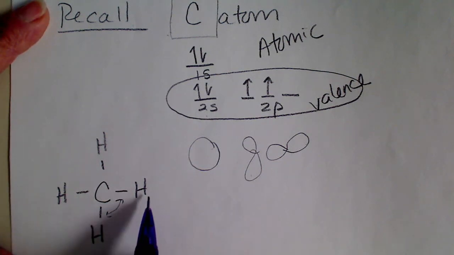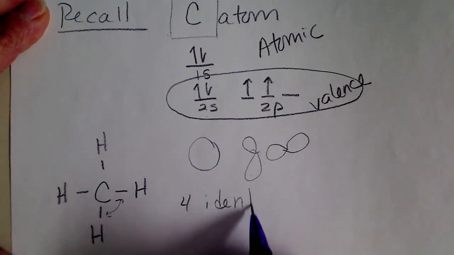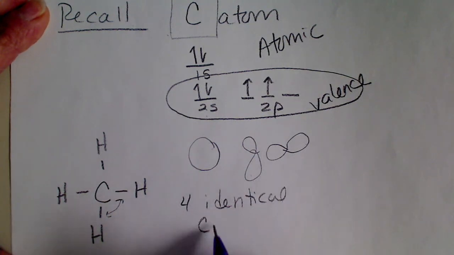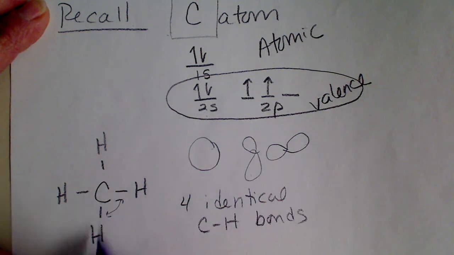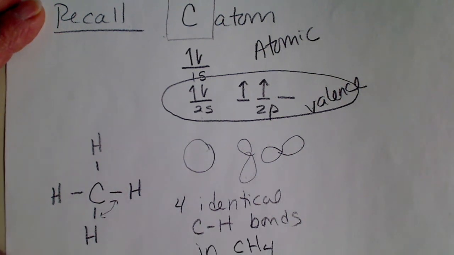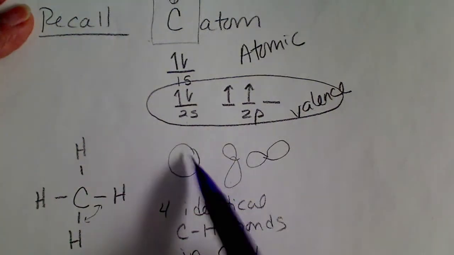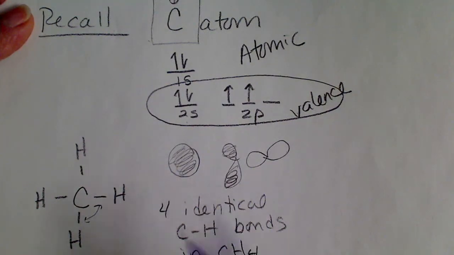But we know that there are 4 identical carbon-hydrogen bonds in methane. They're the same bond lengths. And we cannot explain that with the different shapes of the s orbitals and the p orbitals.